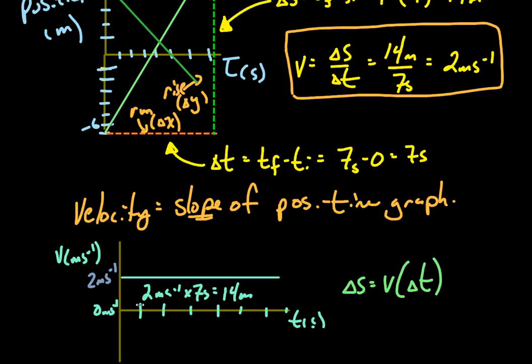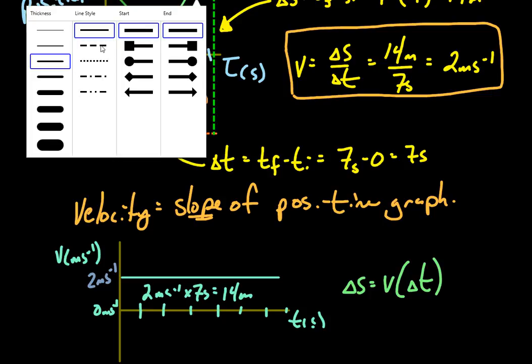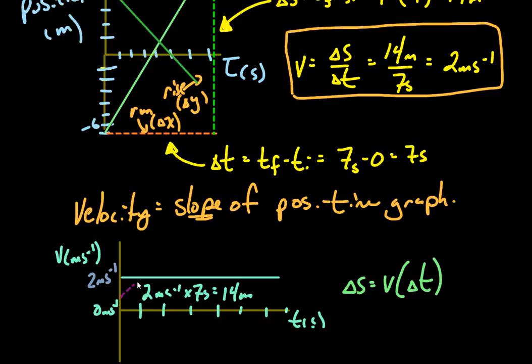So on this graph, what we're representing by that is actually the area under this graph. The area under this graph is shown to us by this formula. It's velocity times time, and that gives us this area, this rectangular region here. Okay, so that's important.